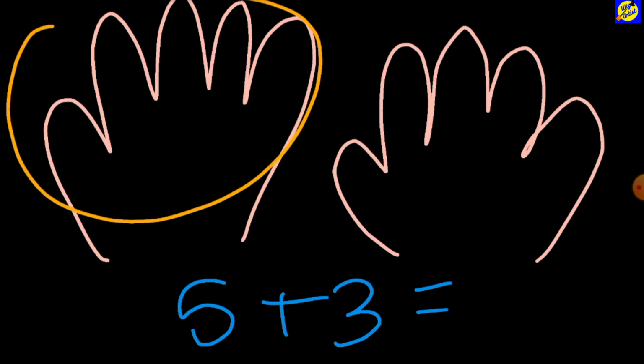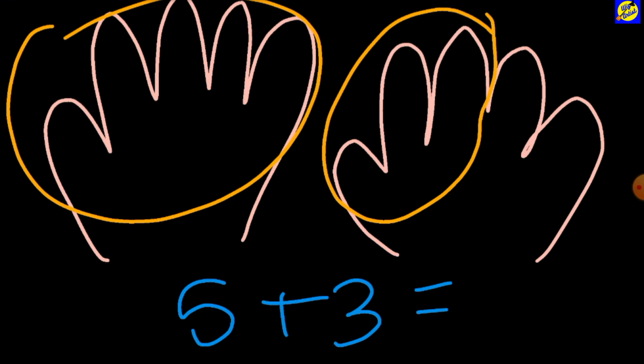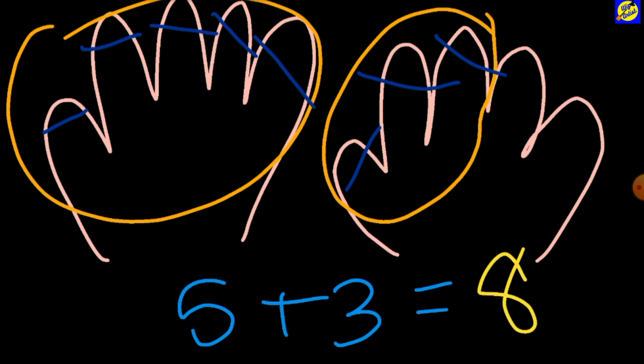Take 5 fingers and 3 fingers. Now count those fingers. 1, 2, 3, 4, 5, 6, 7, 8. How many are there? 8. Understood? Like this you can calculate numbers.